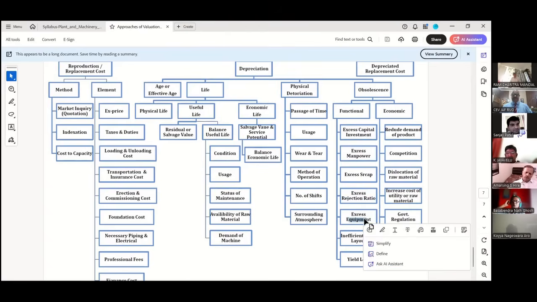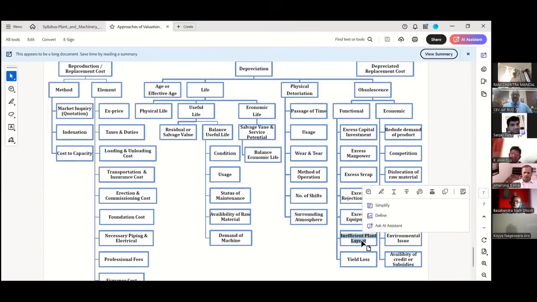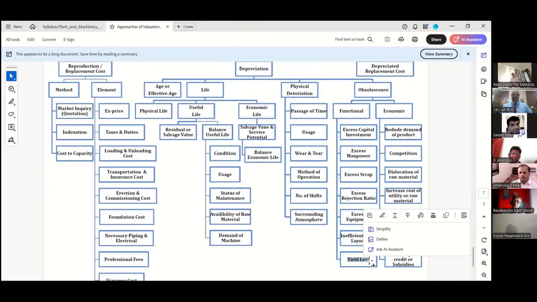Excess equipment: old machinery has more equipment compared to the new generation machine. Inefficient plant layout: old plant layouts are obsolete compared to the new one. Yield loss: there is less income through use of the old machine compared to the new machine.